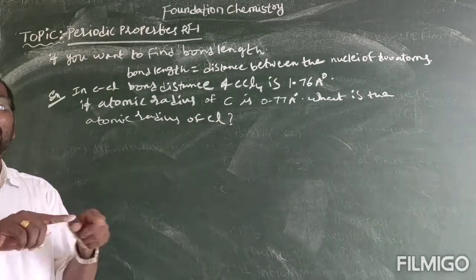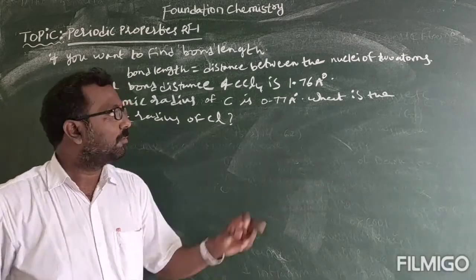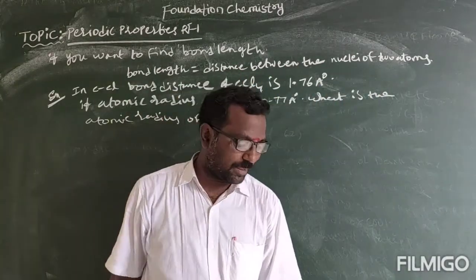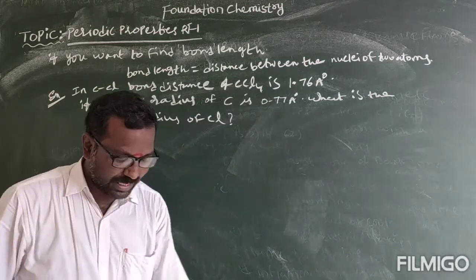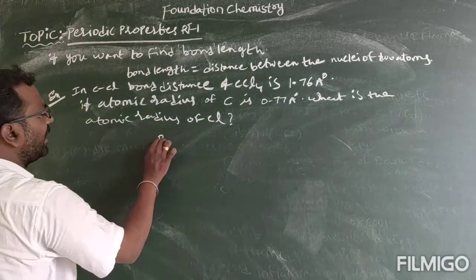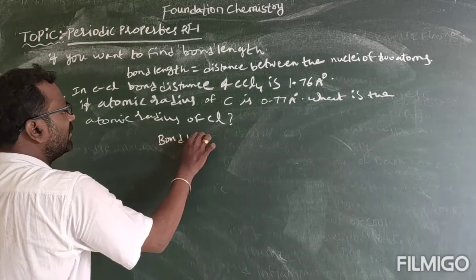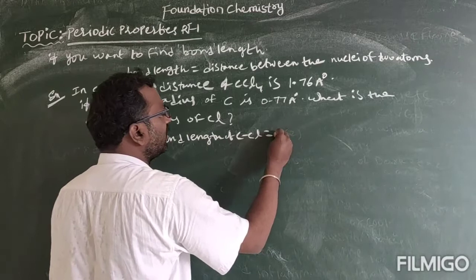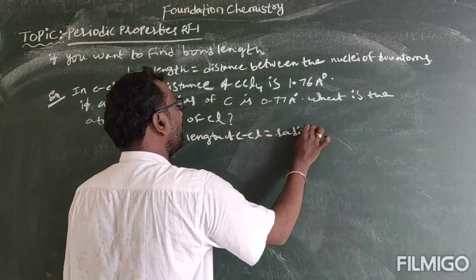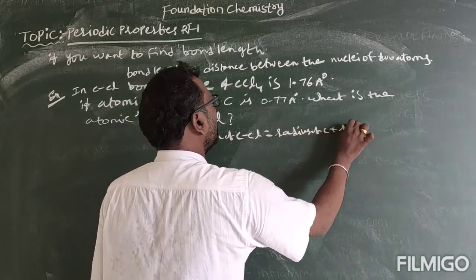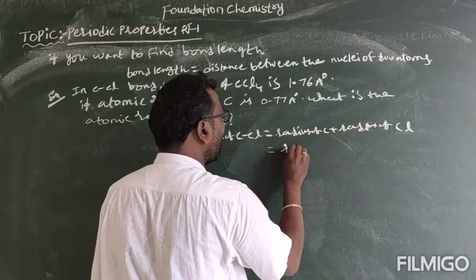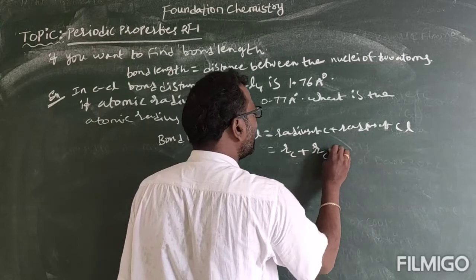See, generally the distance between the nuclei of atoms is considered as the sum of the radii of the atoms. So I can write the bond length of C-Cl is equal to the radius of carbon plus the radius of chlorine, that is Rc plus RCl.